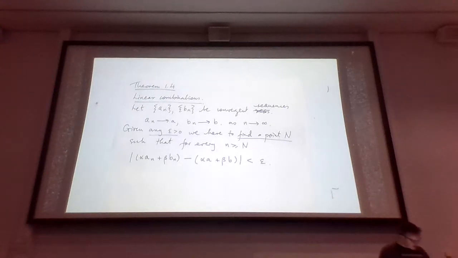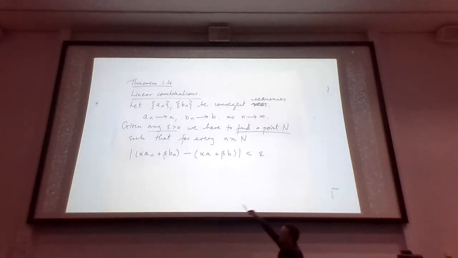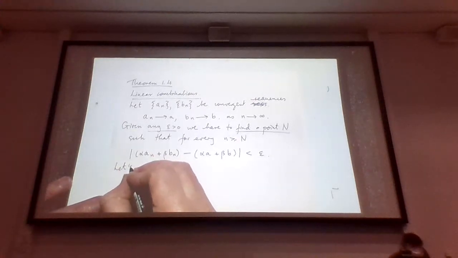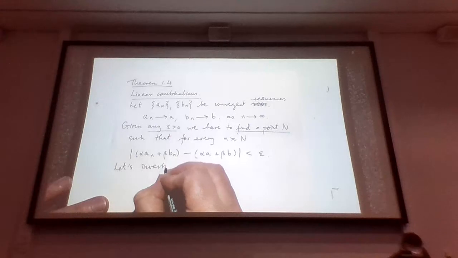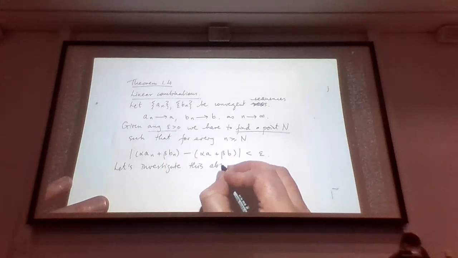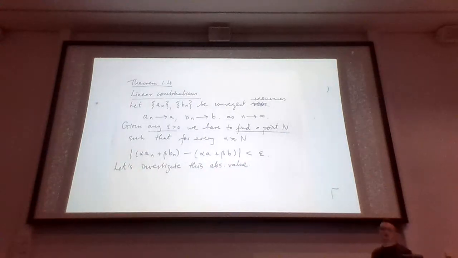I'm not presenting it exactly how it is in the book, but since we have to prove something about this absolute value, maybe we should pause for a moment and investigate this absolute value, the one here on the left-hand side of the inequality.